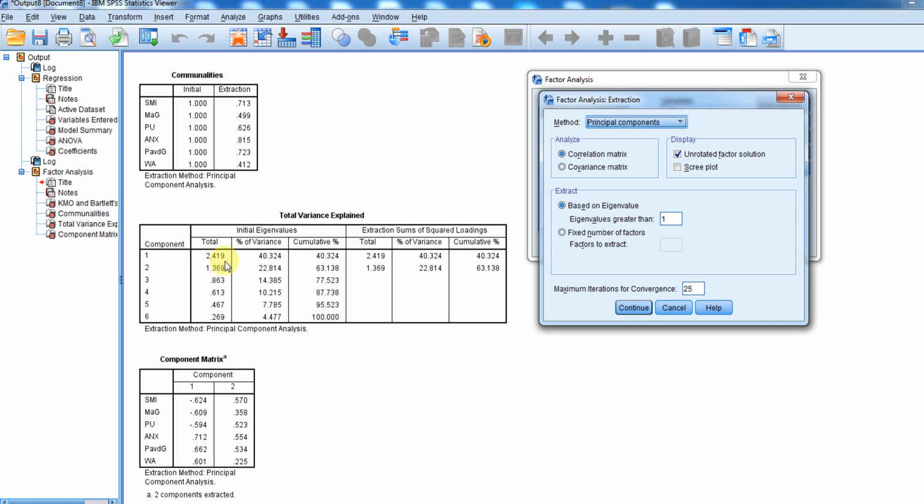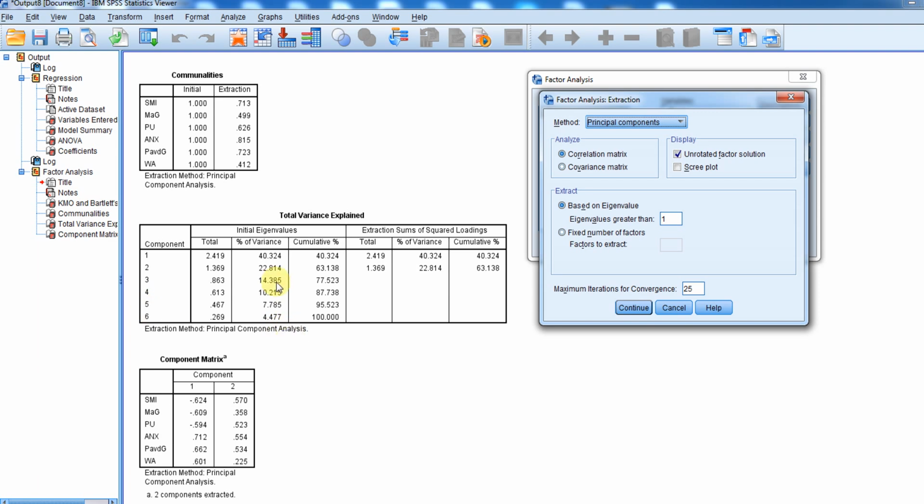The second component accounts for as much variation as 1.37 of the original measured variables. The third component accounts for less than the variation of a single measured variable, and that's why you have a 0.863 here. So you'll notice that the eigenvalues are decreasing, and it's reflecting the fact that you're accounting for decreasing amounts of variation in the original set of measured variables with each subsequent component that is extracted.